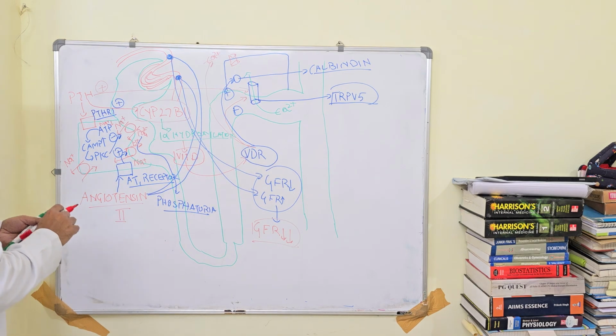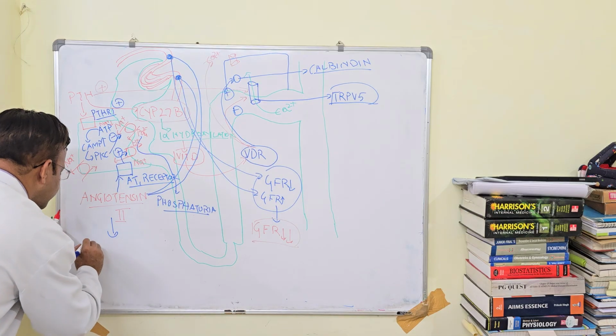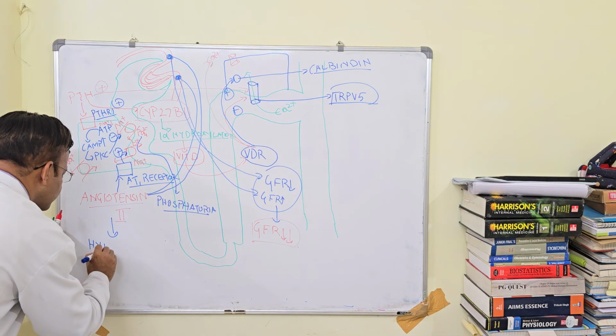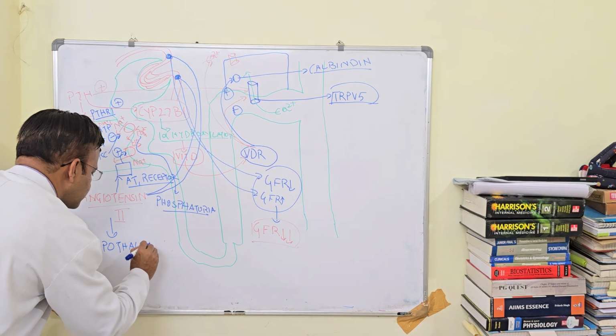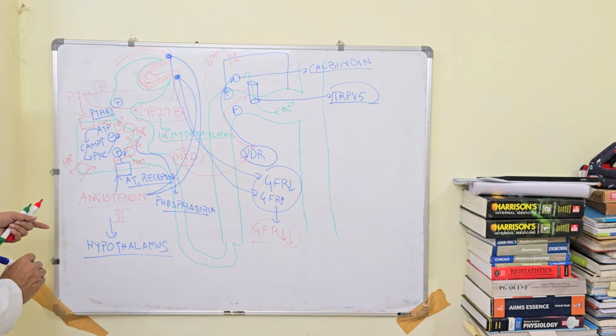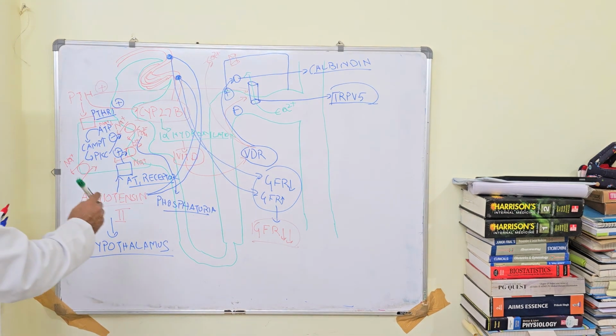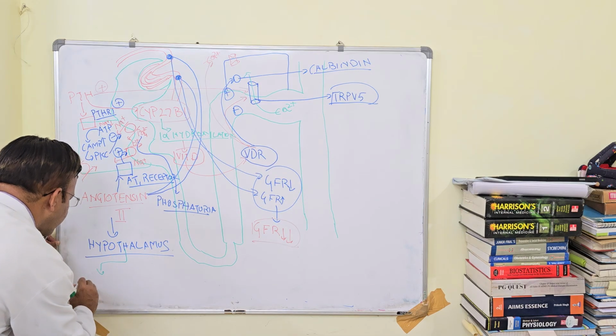What else does angiotensin do? Angiotensin will send a message to the hypothalamus. And what message will it send to the hypothalamus? By acting on the hypothalamus, it is going to increase the level of ADH.